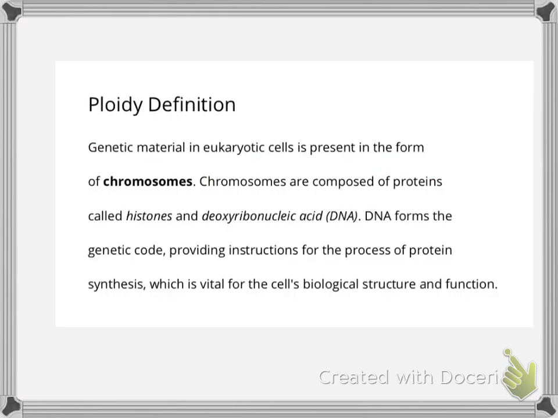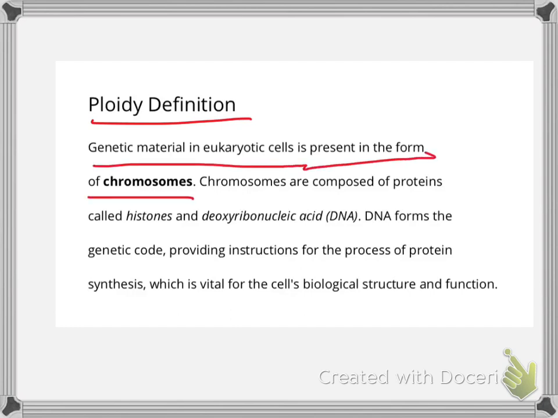Once more, the ploidy definition. The genetic material in a eukaryotic cell is present in the form of chromosomes. These chromosomes are composed of proteins called histones and deoxyribonucleic acid, DNA.